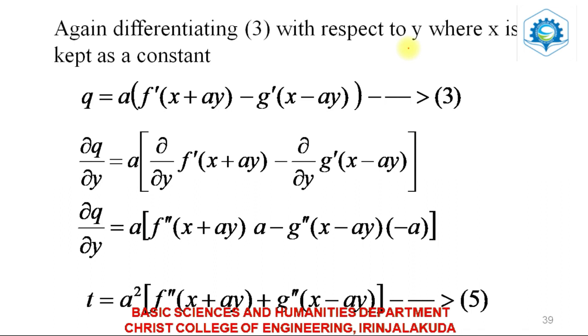So t equal to, another a will be taken outside from the bracket, a squared into f''(x + ay) plus g''(x - ay). So right now we have 5 different equations.